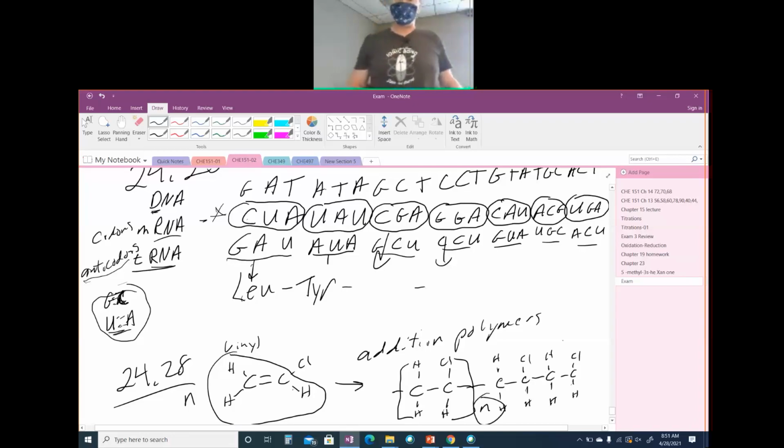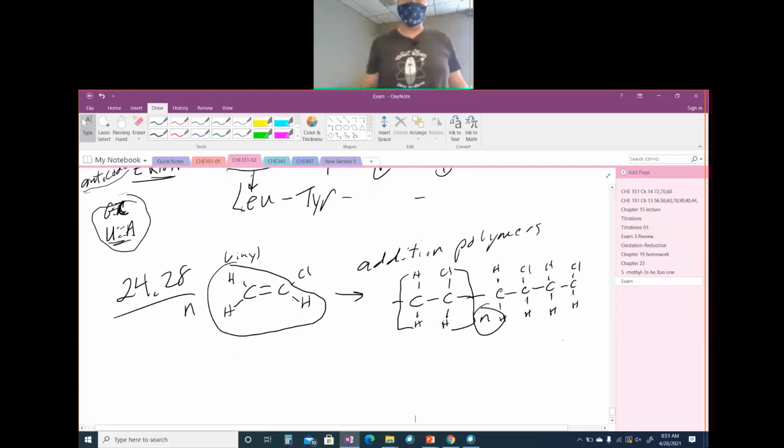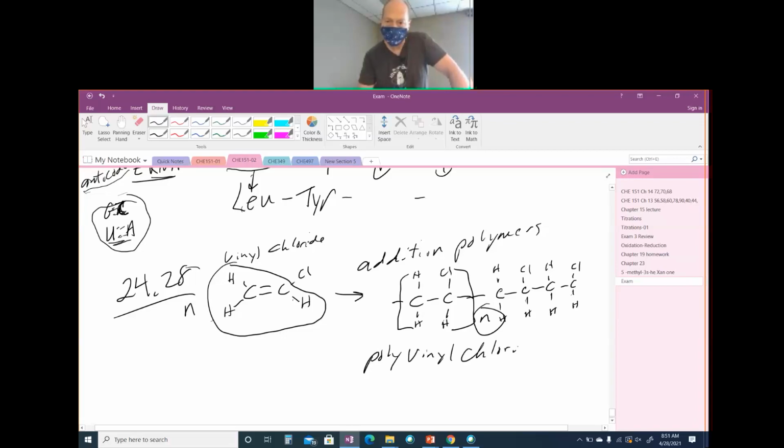All right, it's just going to keep repeating. It is a polymer, and so this is vinyl chloride. And so this is polyvinyl chloride, or PVC. Sewer pipes are made out of PVC.